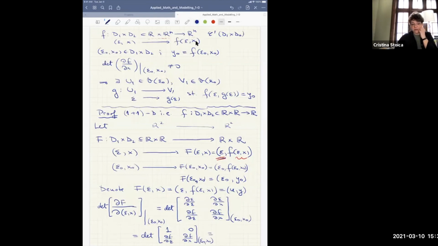When we compute determinants, I can cross out the 1, because I have the 0 on its right. So we just stay with the determinant of ∂f/∂x at (ε₀, x₀). But this one was given to be non-zero from the beginning.